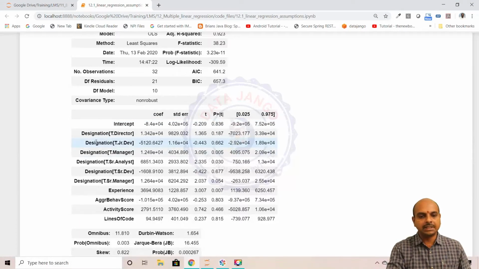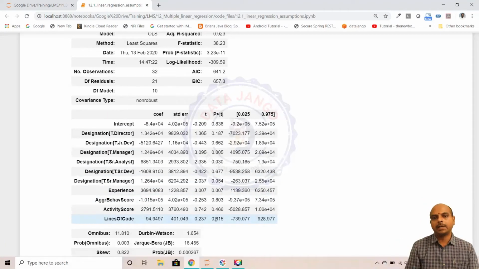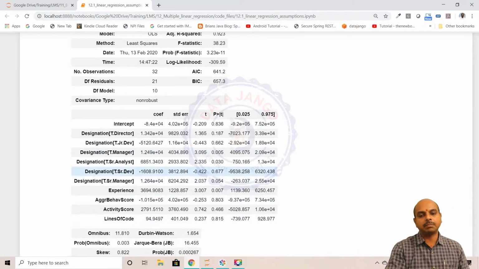For the designation, the junior developer designation, the p-value is greater than 0.05. Even for the director, the p-value is greater than 0.05. Another thing is the aggressive behavior score, that is also greater, and lines of code too. So when you look at all these p-values, it says that these features are not important.